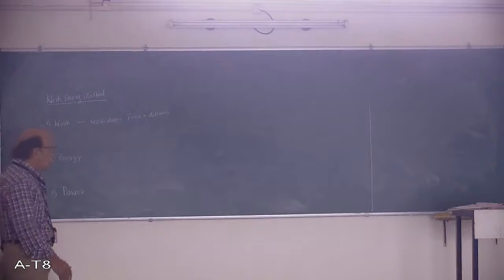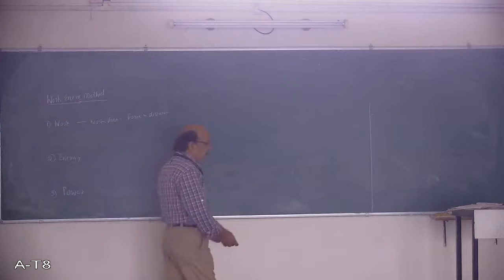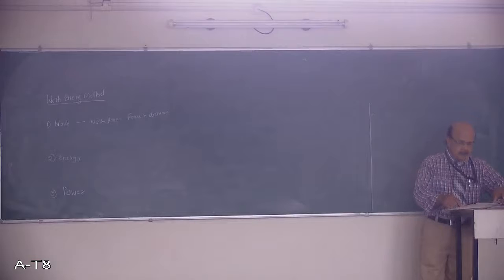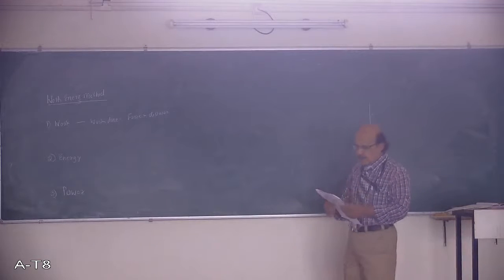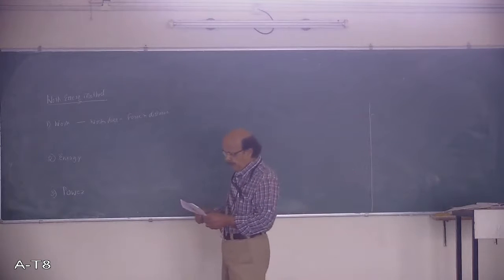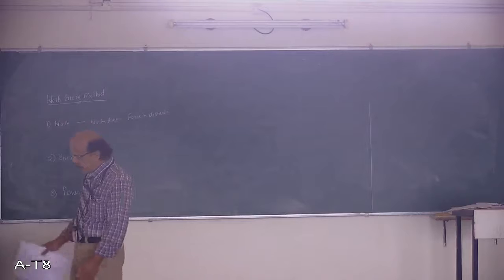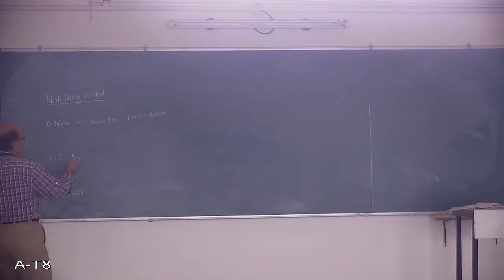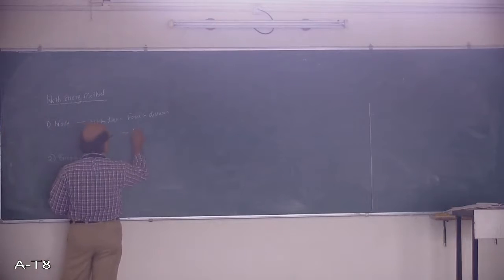That is called the work done, and that is nothing but the product of the force into the distance moved in the direction of that force. So the unit for this: whatever work done you are writing here is force into the distance.